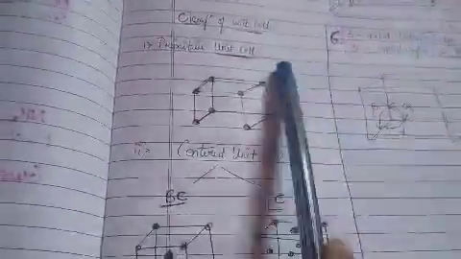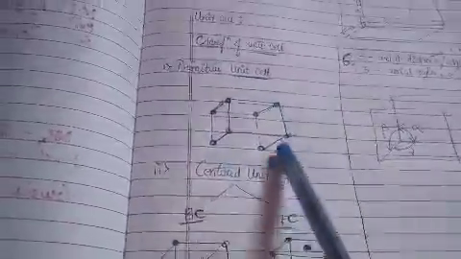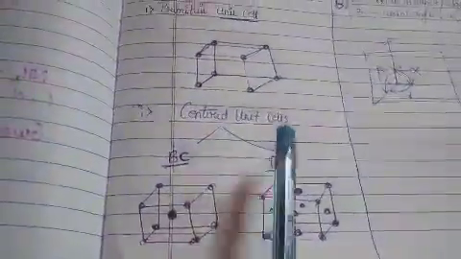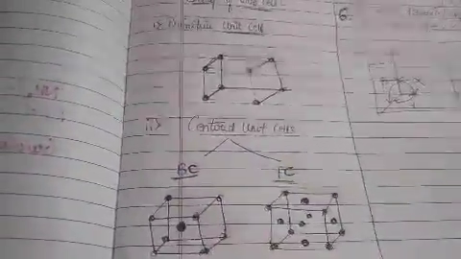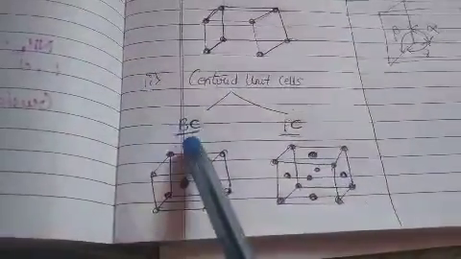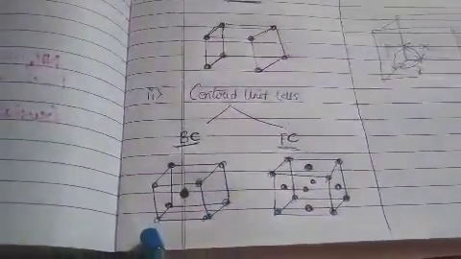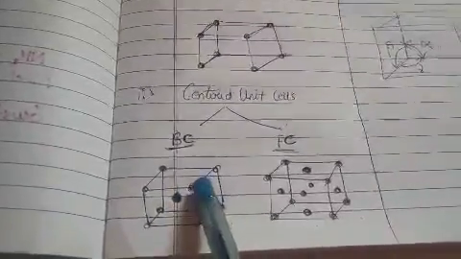So what we have seen: a primitive unit cell means a unit cell in which the particles are present only at the corners. In a centered unit cell we have two types, body centered and face centered. In a body centered unit cell the particles are present at the corners and also at the center of your unit cell.